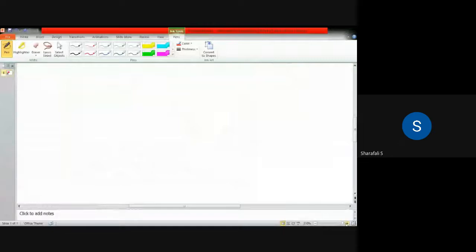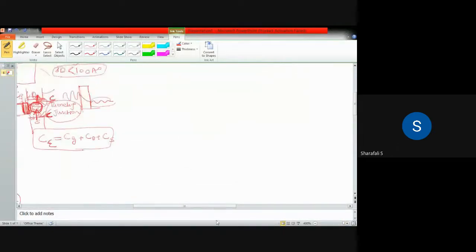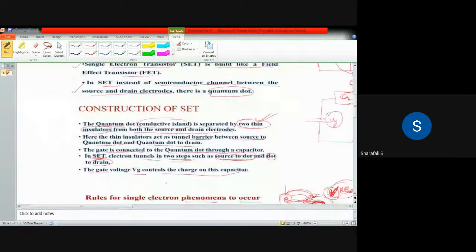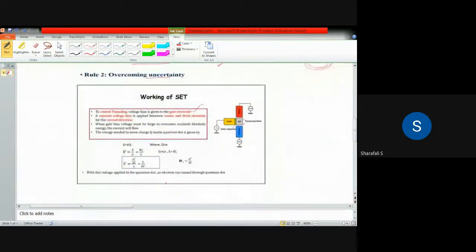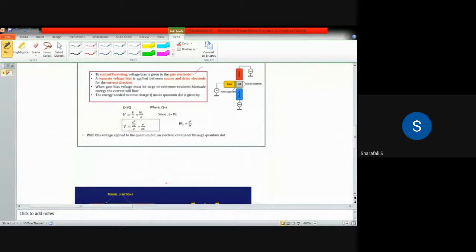That is to control the tunneling process. And a separate voltage bias is applied between the source and drain electrode for the current direction.